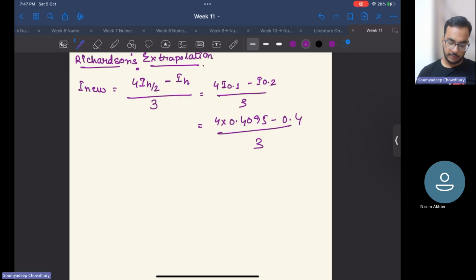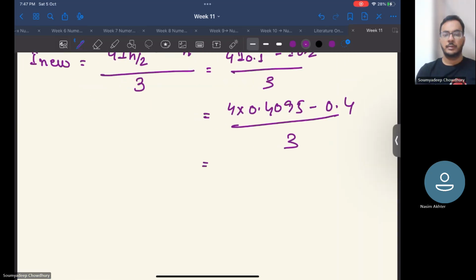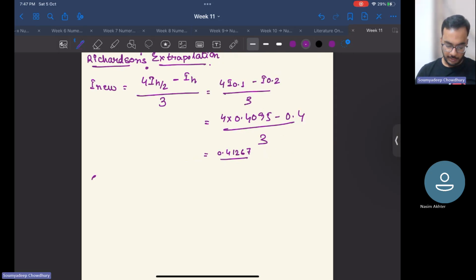So if you calculate this, 4 into 0.4095 minus 0.4, divided by 3, this is around 0.41267.